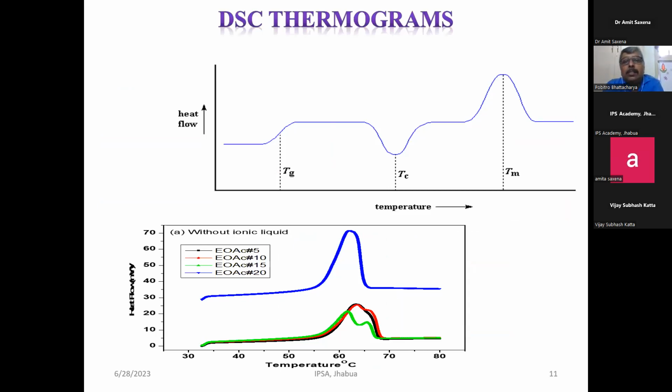Coming to the next characterization technique, that is the thermal characterization, differential scanning calorimetry. If there is a slope change, that indicates the glass transition temperature. Crystallization is generally not observed in this type of system. The melting is pretty much observed where it melts.